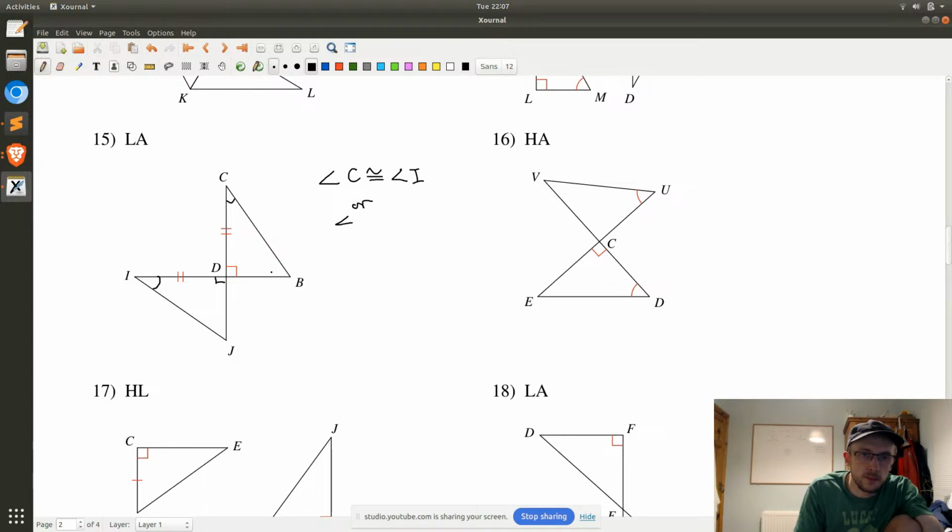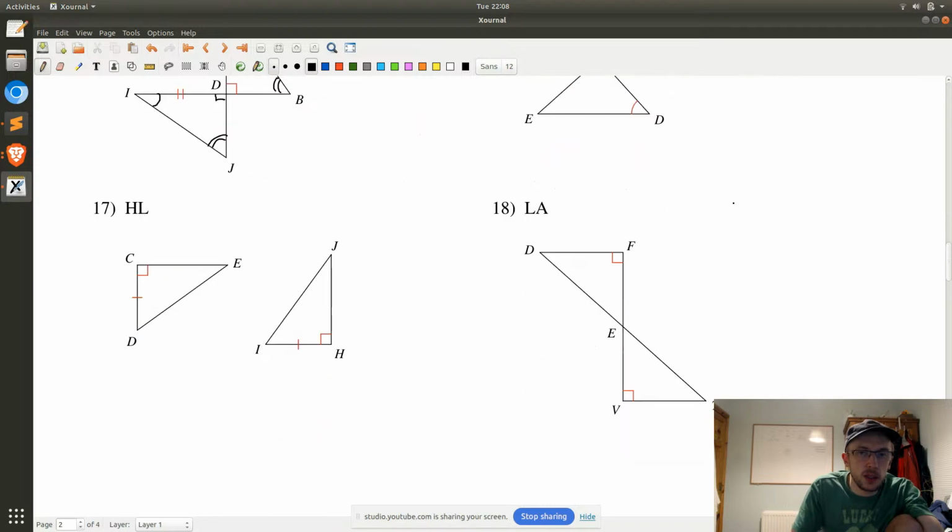Angle B is congruent to angle J. That's another possibility. For the hypotenuse angle theorem to hold, no, I mislabeled that. That wasn't a misunderstanding, it was just misspeaking.